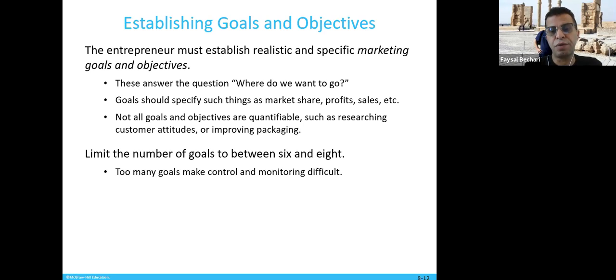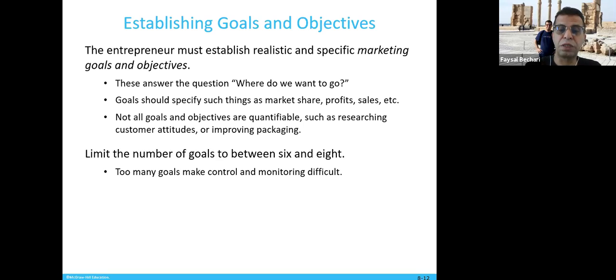Why are we emphasizing the marketing plan as part of your assignment? Because the main goal of your business plan, the main goal of your whole course of entrepreneurship, is to have a good marketing plan, to have a good business plan, and to have a good entrepreneurship action, and to succeed.